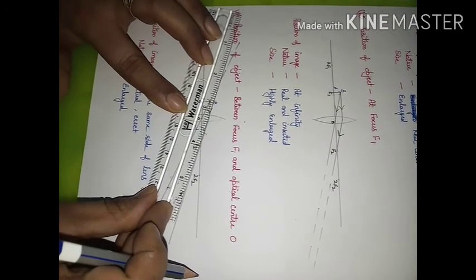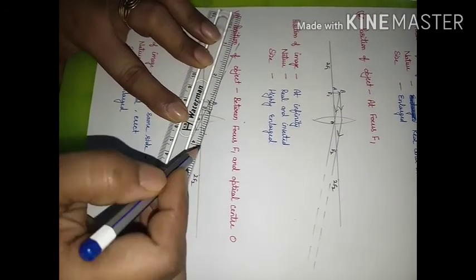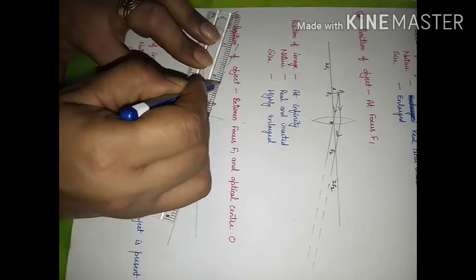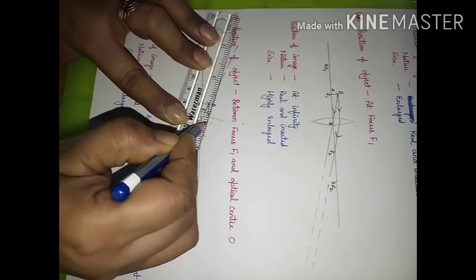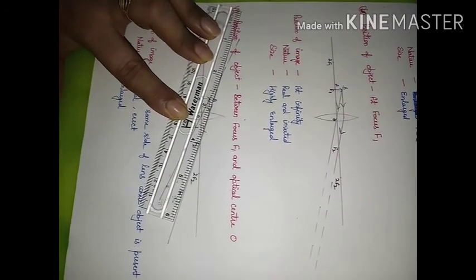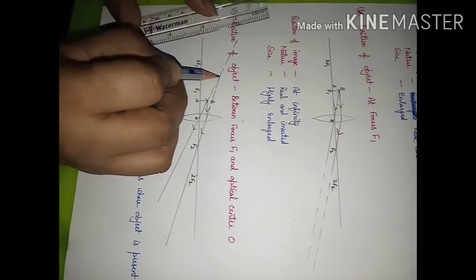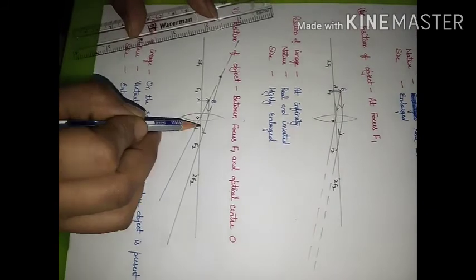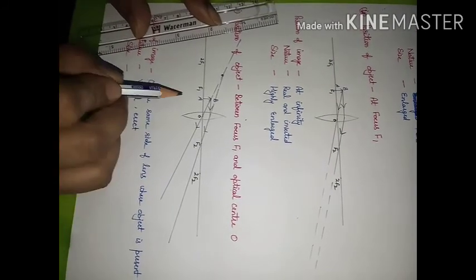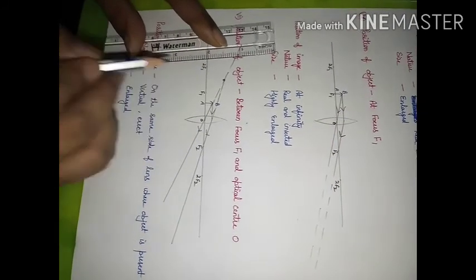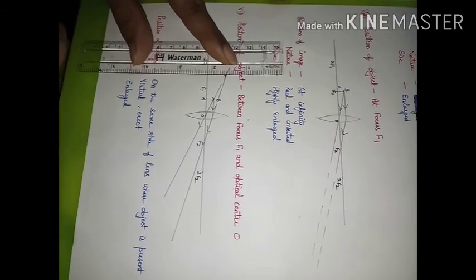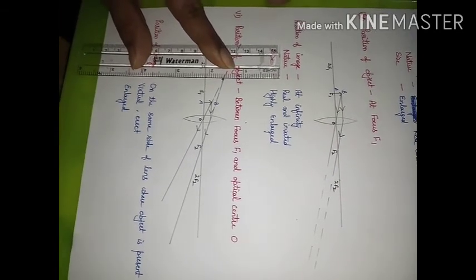When they are not going to actually intersect with each other, then we will say that image formation is not real, it will be virtual. Like this, we have produced them in the backward direction, so it appears that they are going to come from this point.